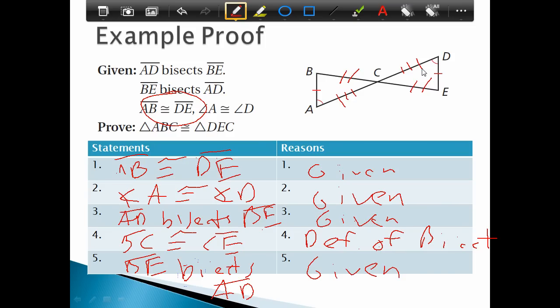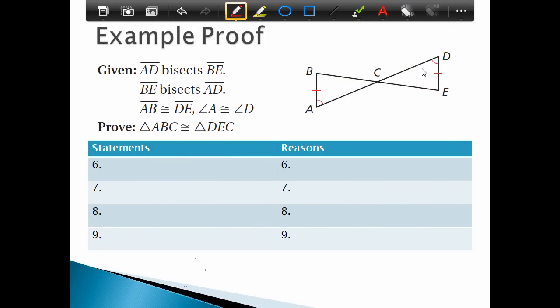I'm going to skip to another page, get myself some more room to write here. I got AC is congruent to CD. Alright. And the reason there again, because that's that bisector. Because I knew what the word bisect meant, I could put that there.